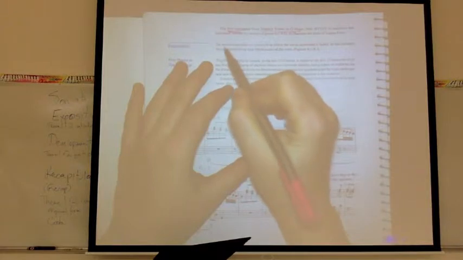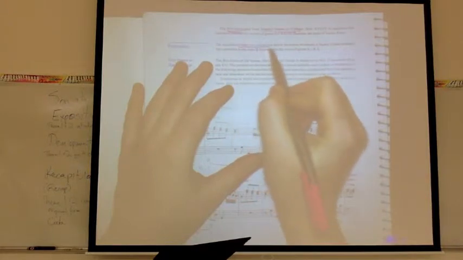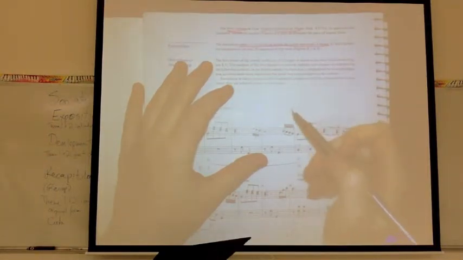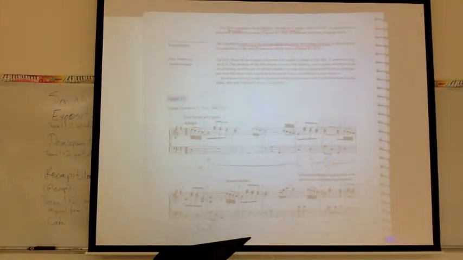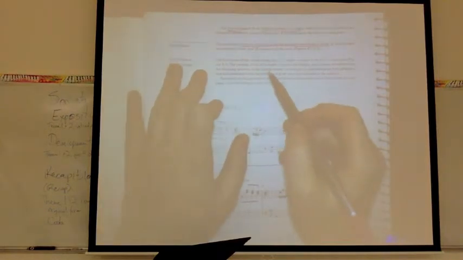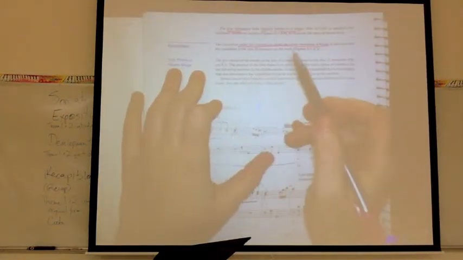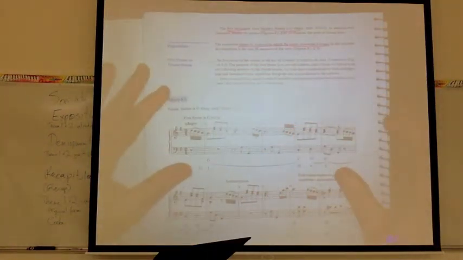The exposition states the material on which the entire movement is based. All right? So it basically gives you the themes, the motives, the melodies that the movement's going to be based on. You could think of it as an introduction. They call it an exposition. They always have. I don't know why.